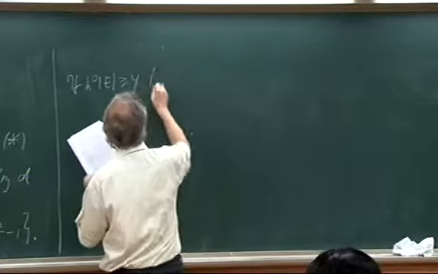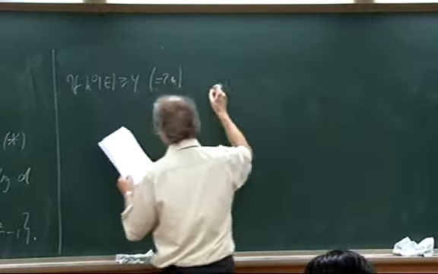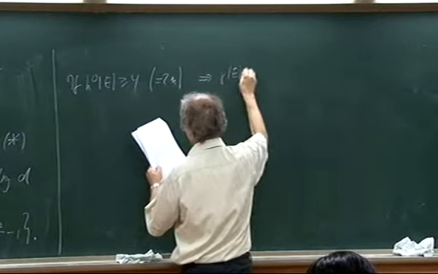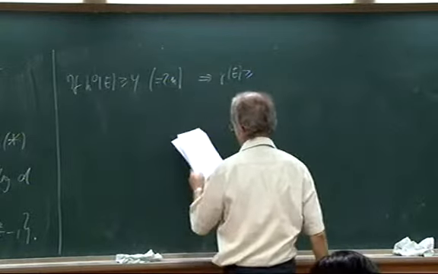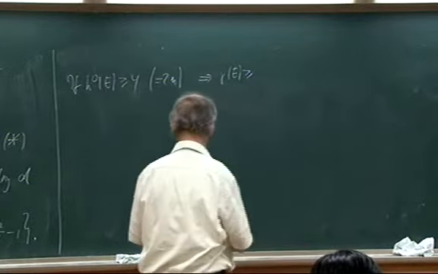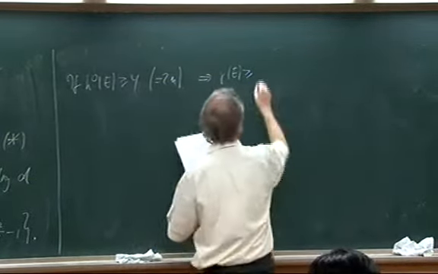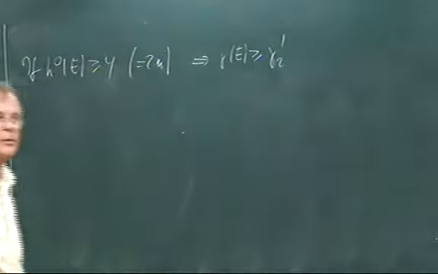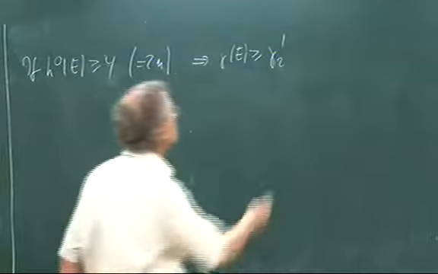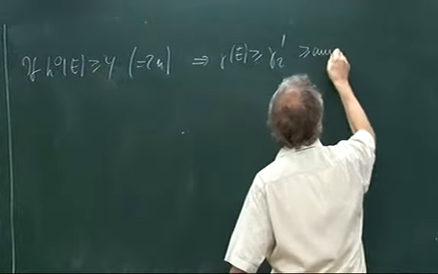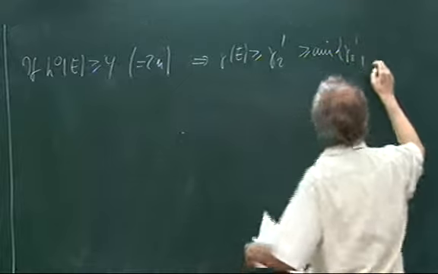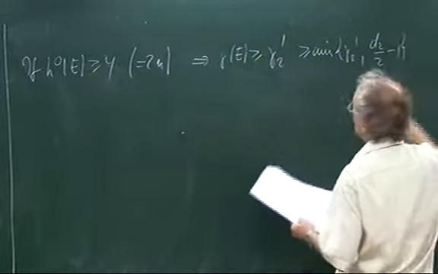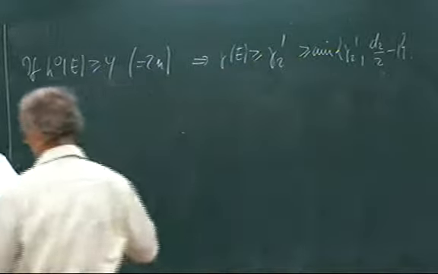So we get that gamma of E is greater or equal to gamma 2 prime, which is greater or equal to the minimum. So this is what you want. Gamma 2 prime, and then the other one was D2 over 2 minus 1. So we are finished.